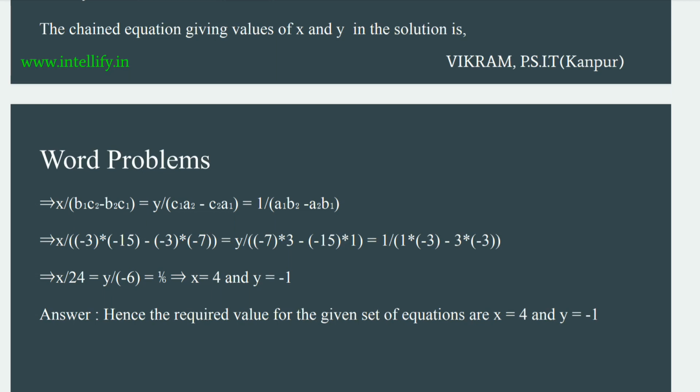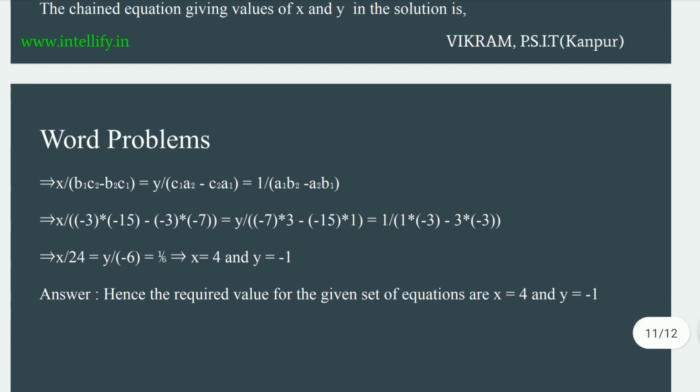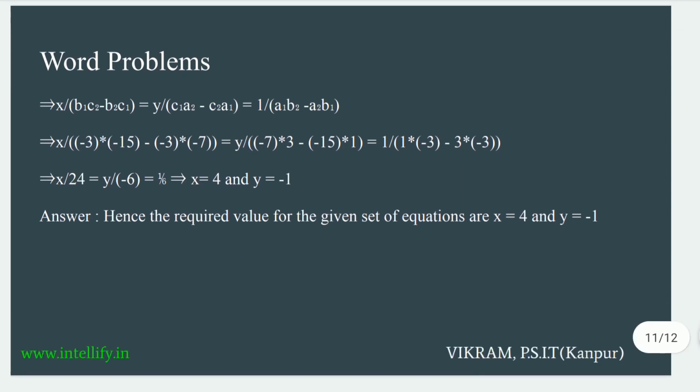So on further solving, x upon minus 3 into minus 15 minus minus 3 into minus 7, y upon minus 7 into 3 minus minus 15 into 1, is equal to 1 upon 1 into minus 3 minus 3 into minus 3. So further solving, we get x upon 24 is equal to y upon minus 6 is equal to 1 upon 6. X comes out to be 4 and y is minus 1. So the required solution would be x is equal to 4 and y is equal to minus 1.